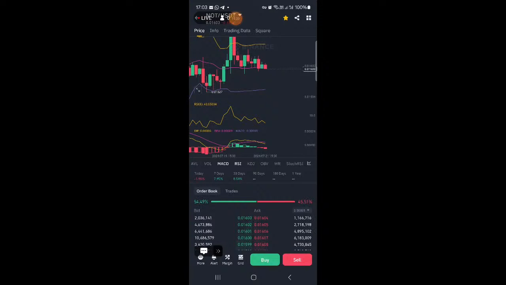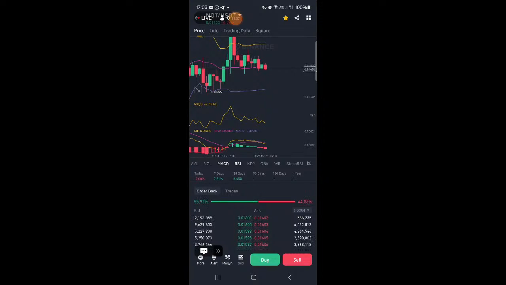Now, coming to the histogram, it is also divided into two main parts, just like the equator. There is the zero line.